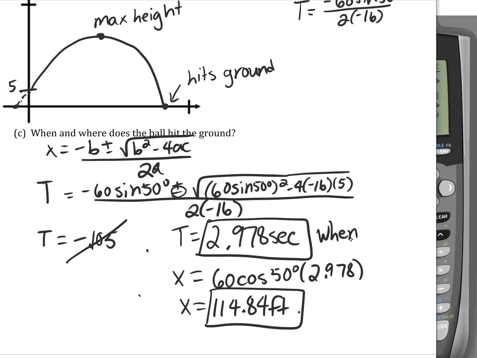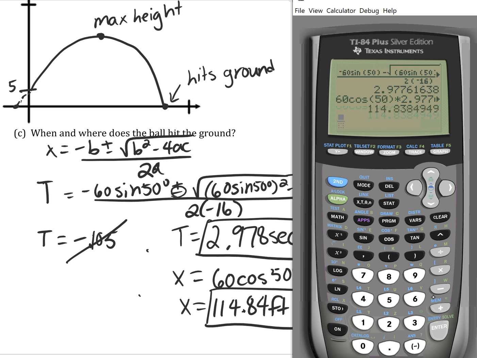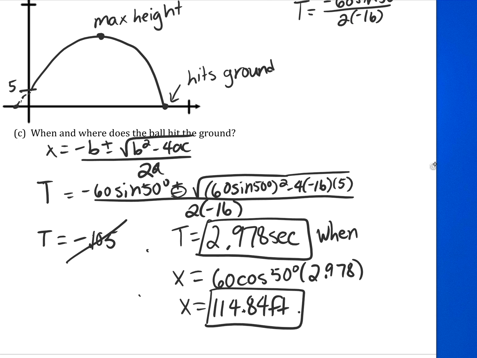Now, just to show you, even though I did not ask this question, if I were to do the negative b over 2a and do alpha y equals negative 60 sine 50 on top over 2 times negative 16, I get 1.436.